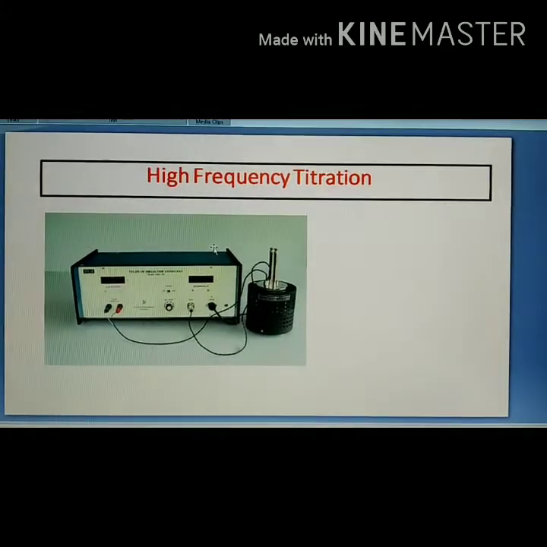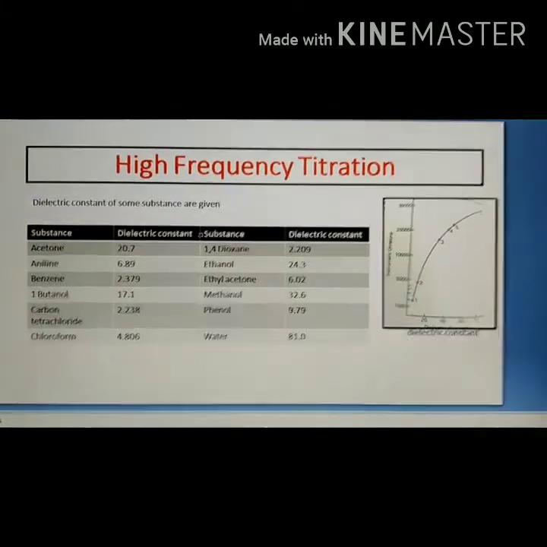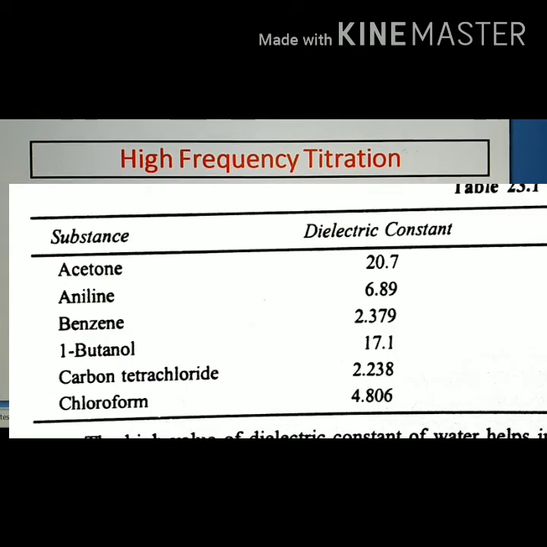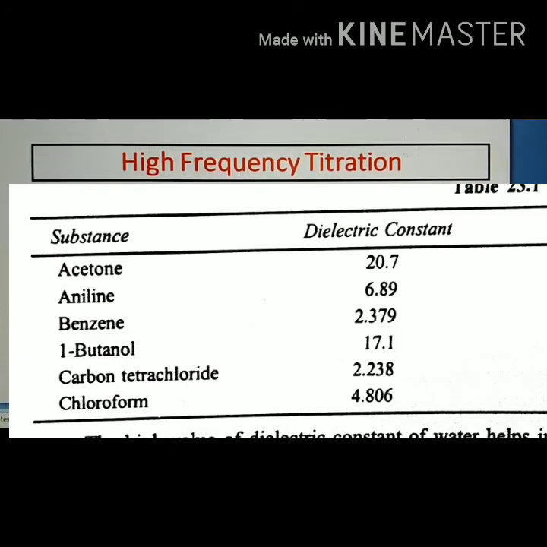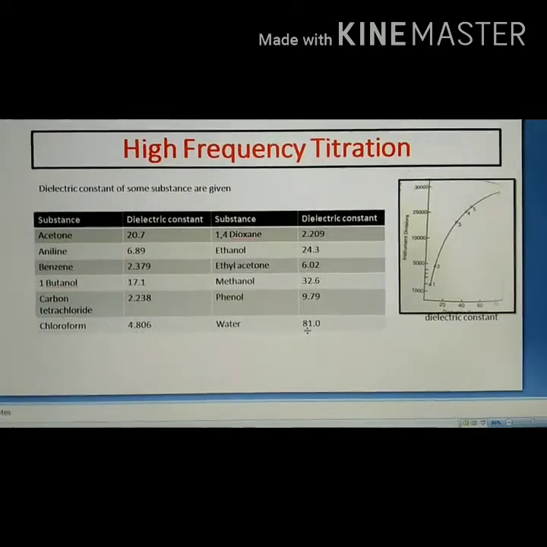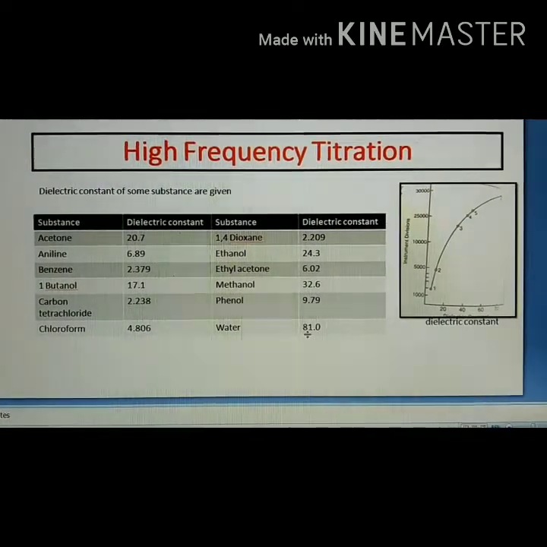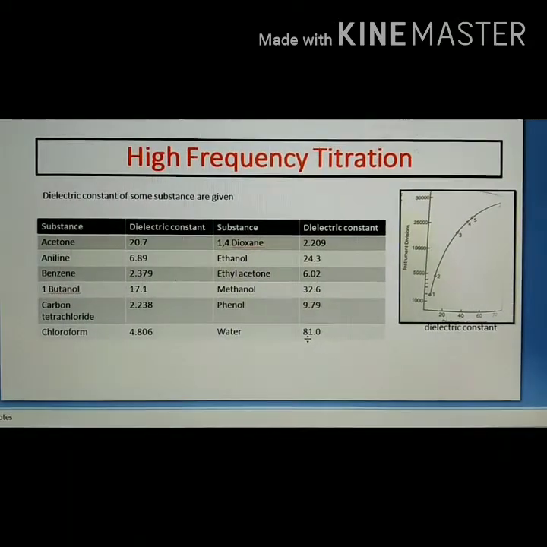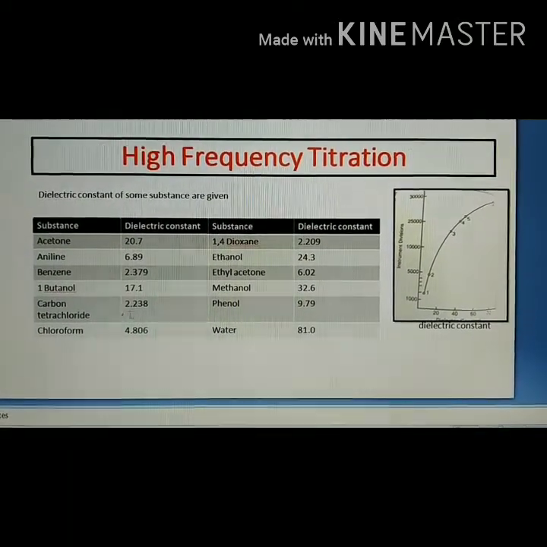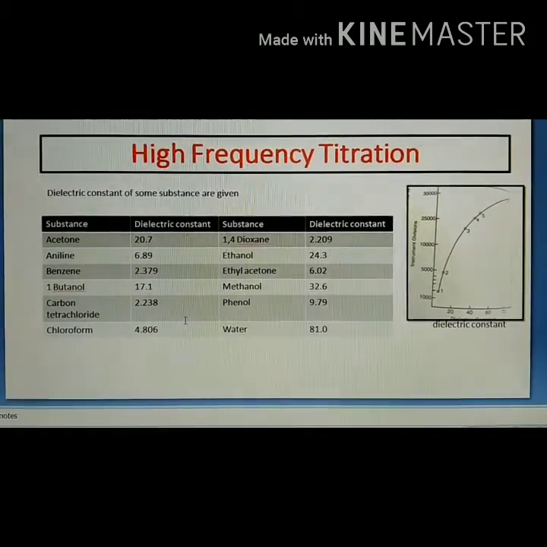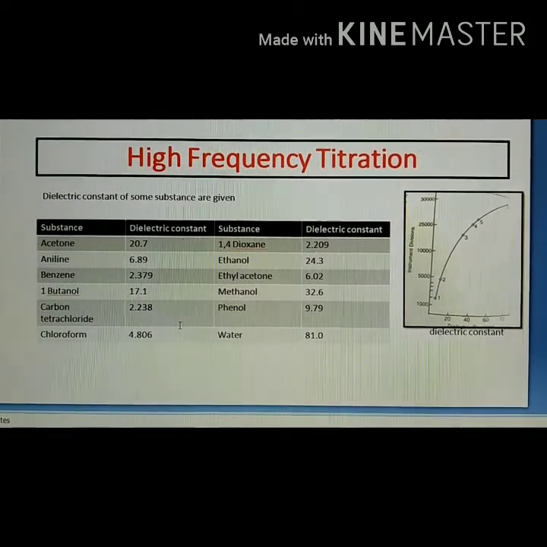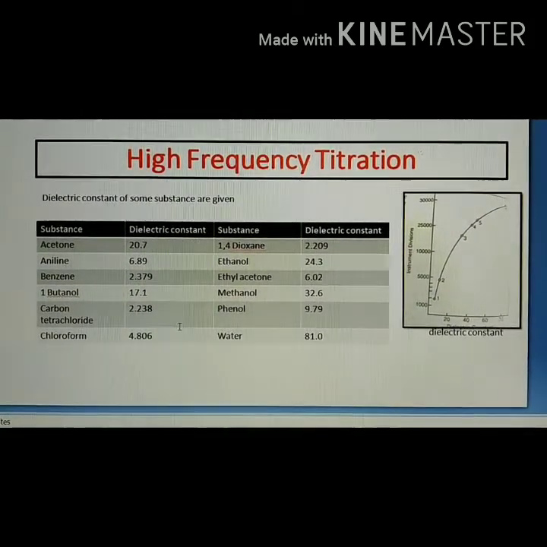So, high dielectric constant. Here are some values of dielectric constant. Water has a higher dielectric constant, 81. Carbon tetrachloride has a very low dielectric constant, 2.2. So the measurement of dielectric constant values is very important while selecting solvents.